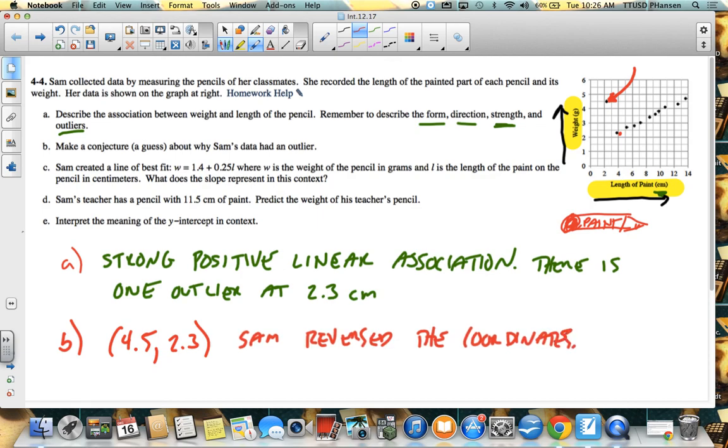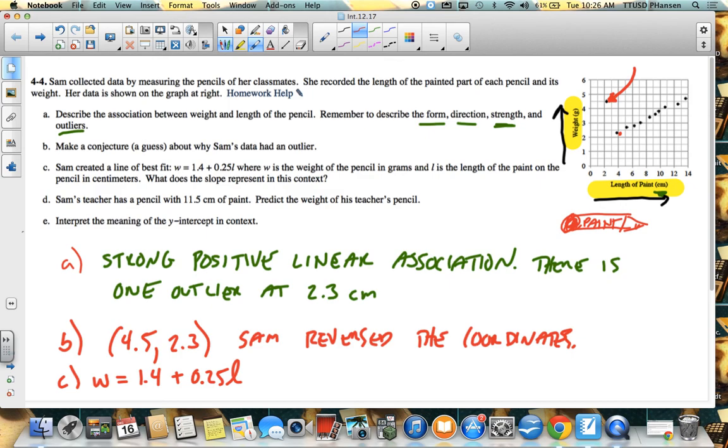All right, part C. Sam created a line of best fit, and in this case, you are given the line of best fit, which is W equals 1.4 plus 0.25 L, where W is the weight of the pencil in grams, and L is the length of the paint in centimeters.